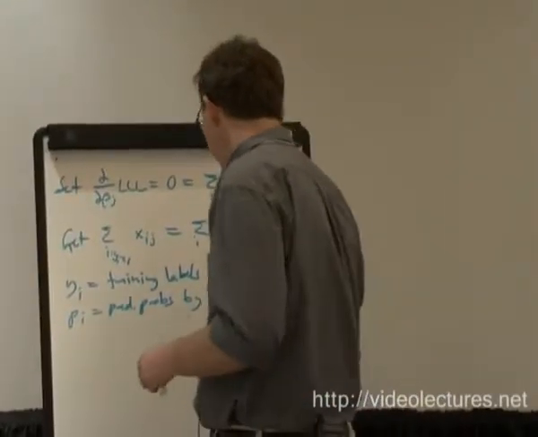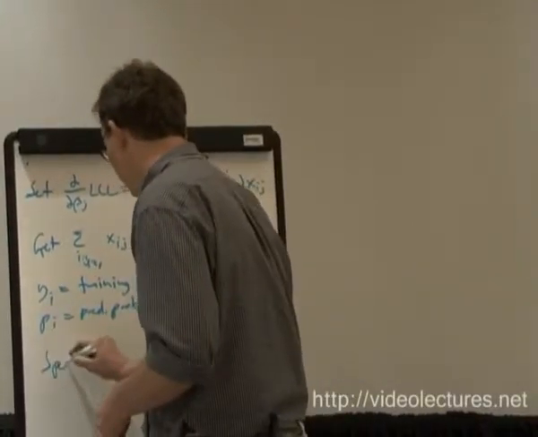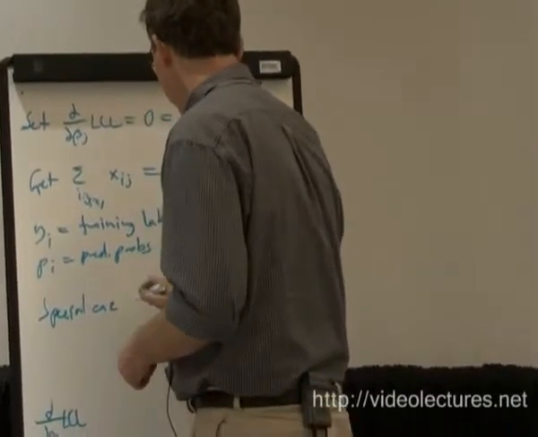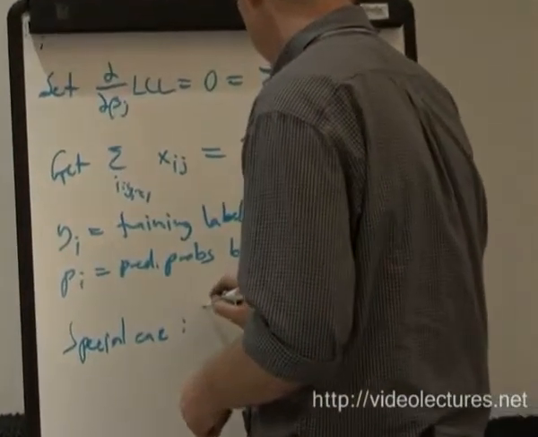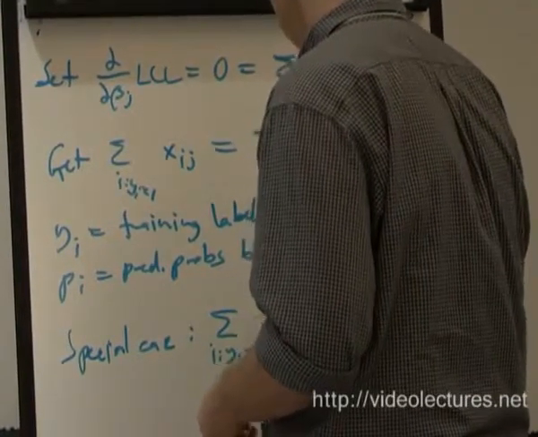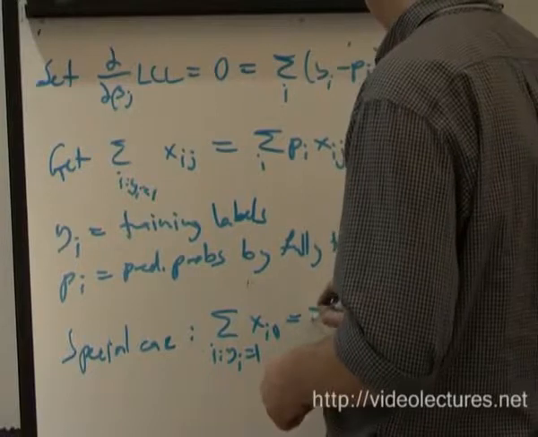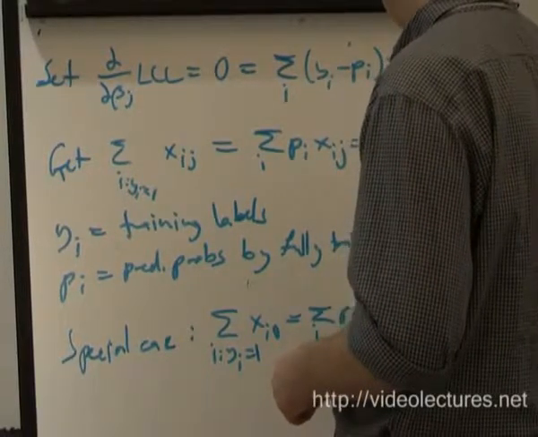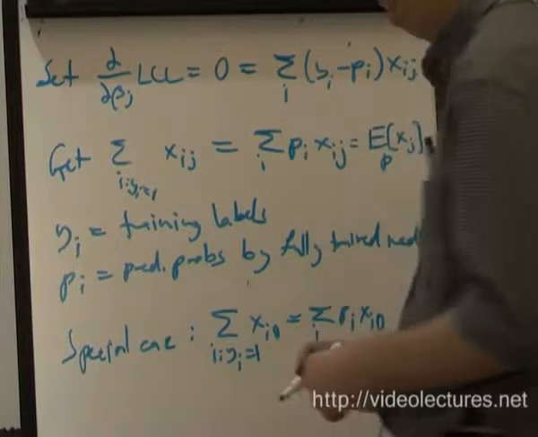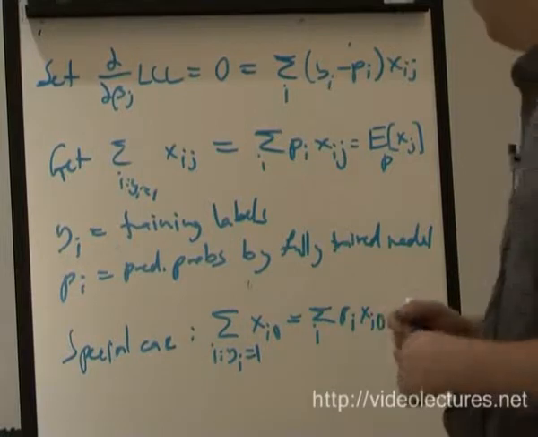I mean, here's a special case. The sum over i such that yi equals 1 of xi0 is the sum over i of pi times xi0. And what did we say xi0 equals? xi0 is a constant 1 for every example.